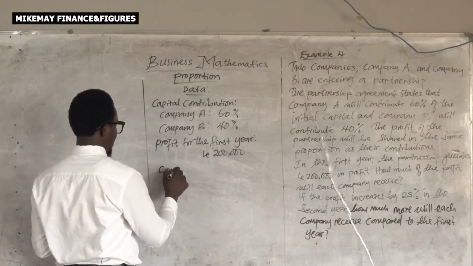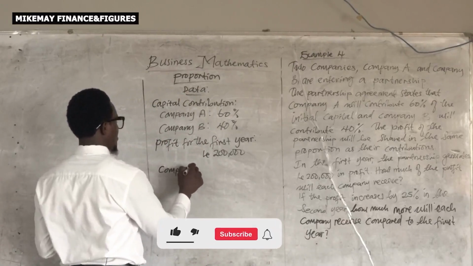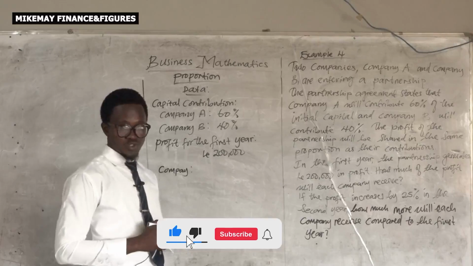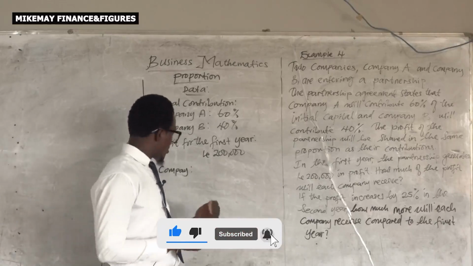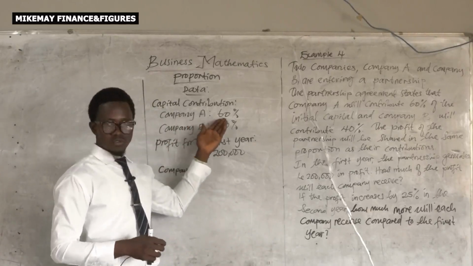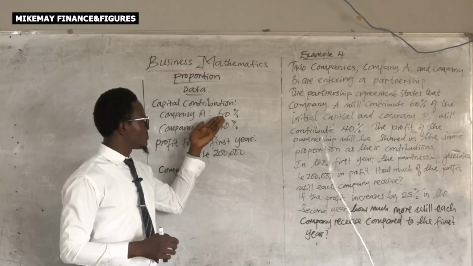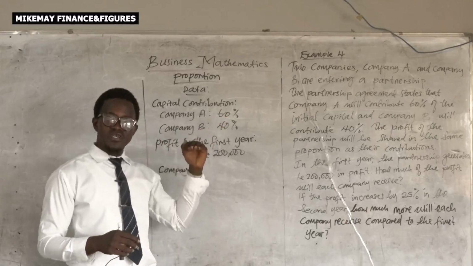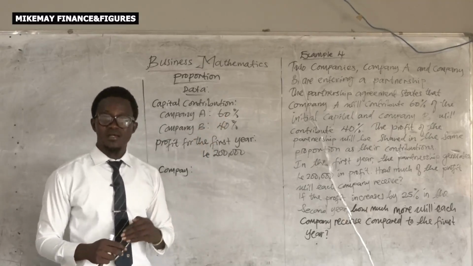Let's say company A. If you want to find how much company A is receiving out of this profit, we are going to just use the percentage of the company's capital contribution.